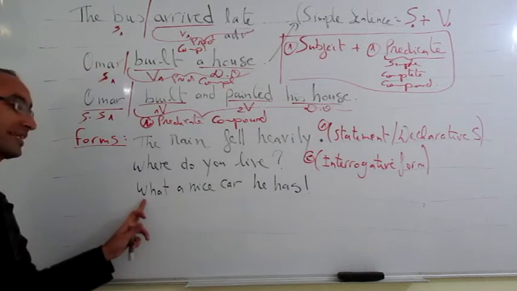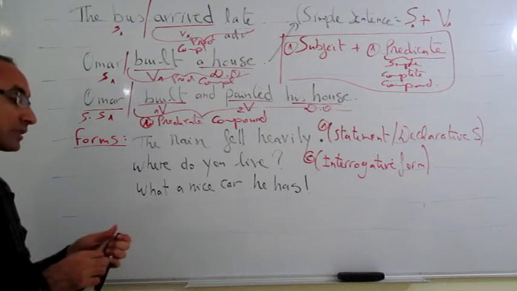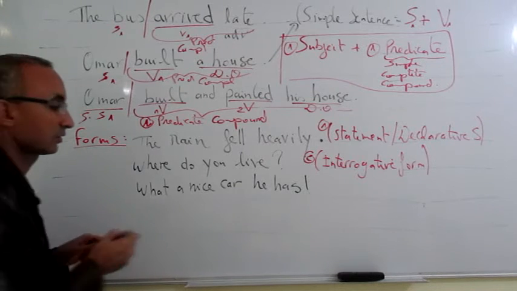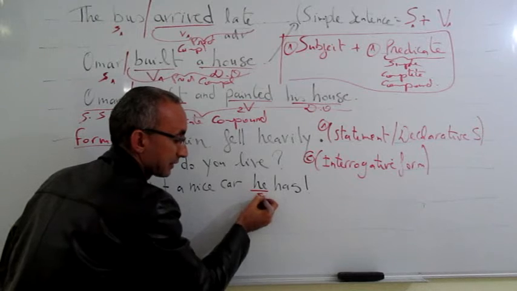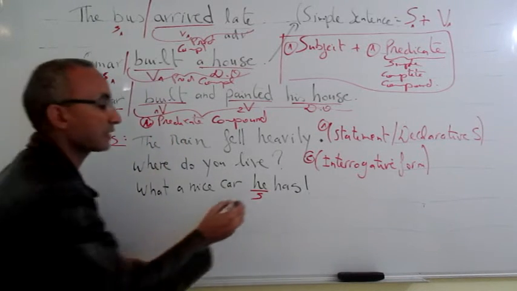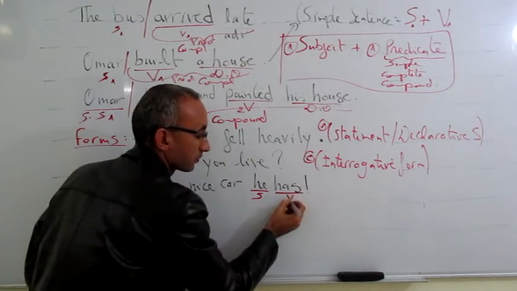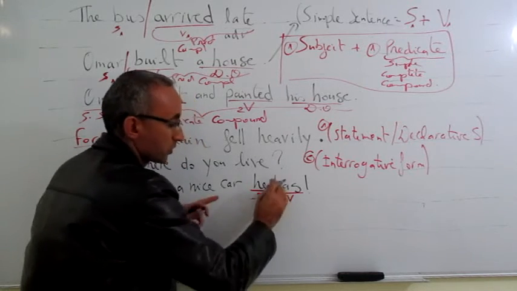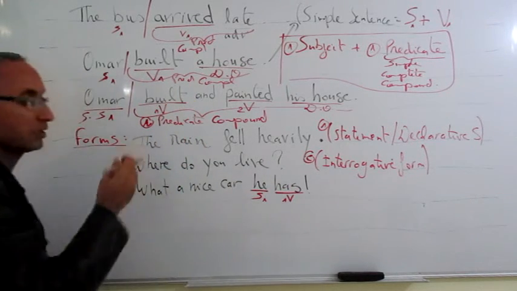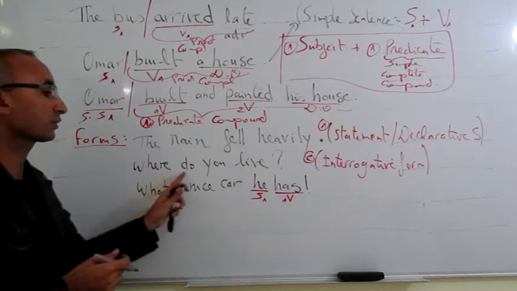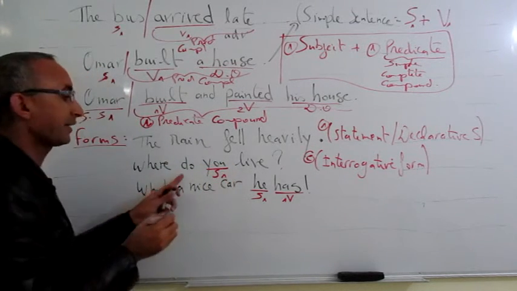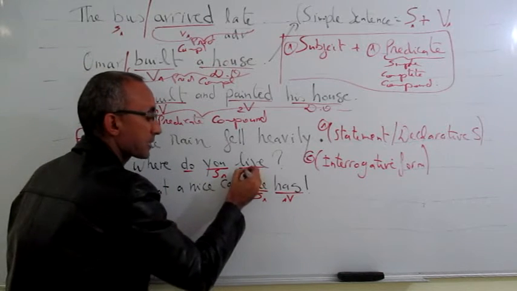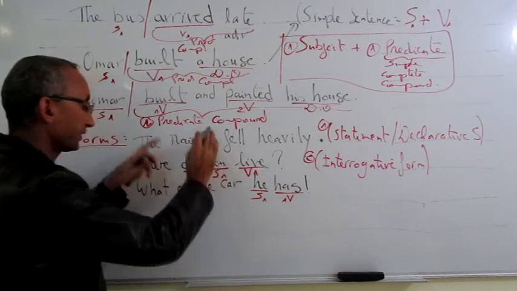Now this, of course, is a sentence. Why? Because it contains a simple subject, he, and also it contains one verb, of course within the predicate. Here also, where do you live? I have my subject, which is you, and do live as my only verb within the predicate.